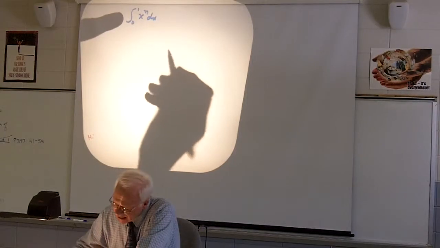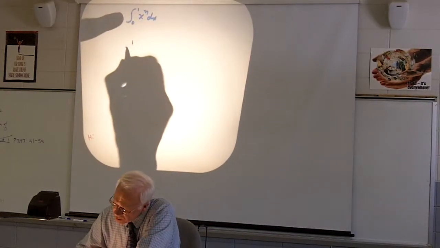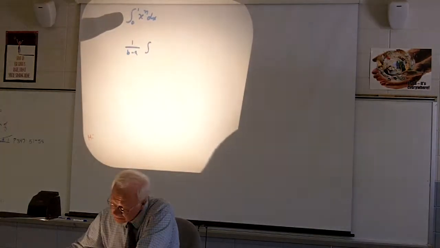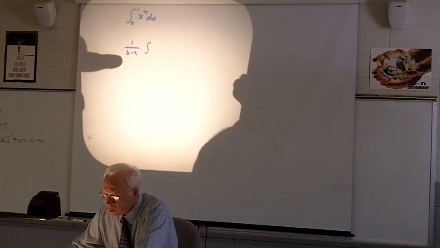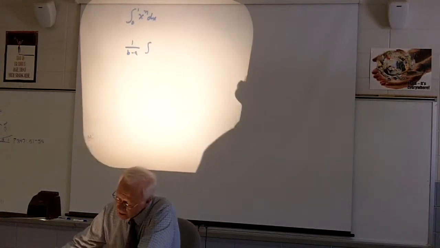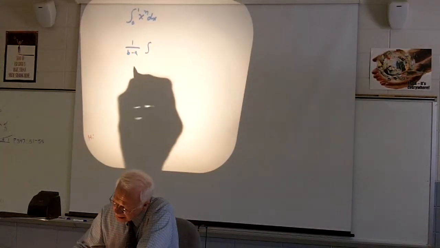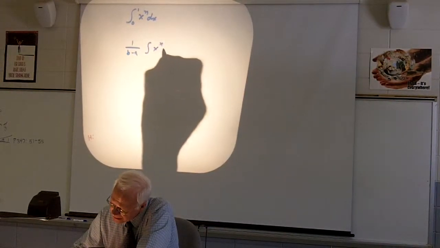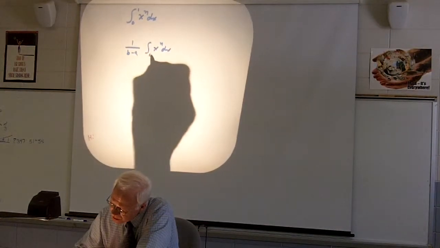I'd like to find this average, and that's going to be 1 over b minus a, and then we do the integral stuff, okay? But 1 over 1 minus 0 is 1. Are you with me? So we're going to find, well, we'll just do it this way, x to the n dx, from 0 to 1.